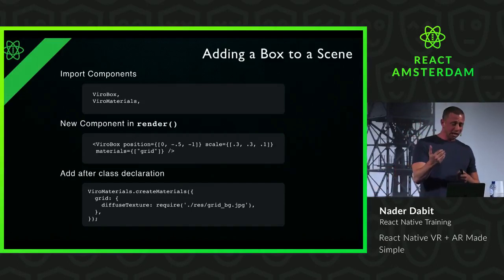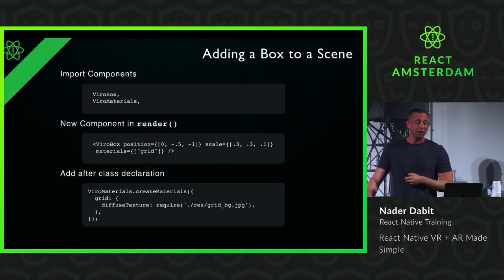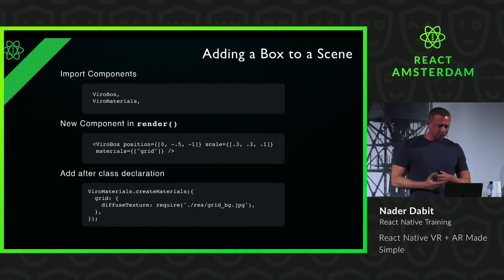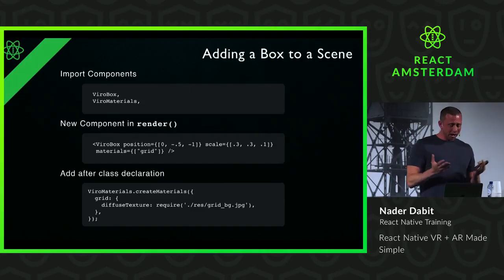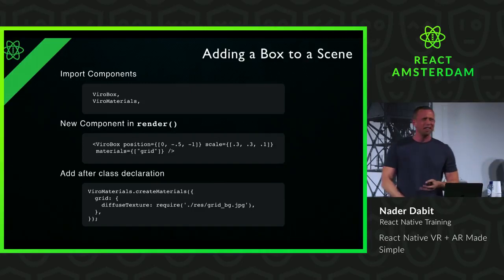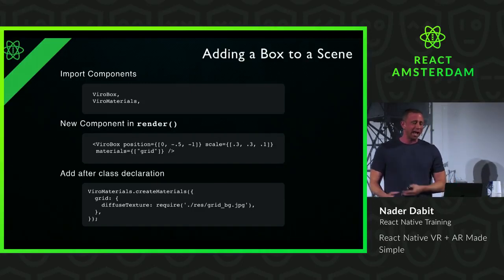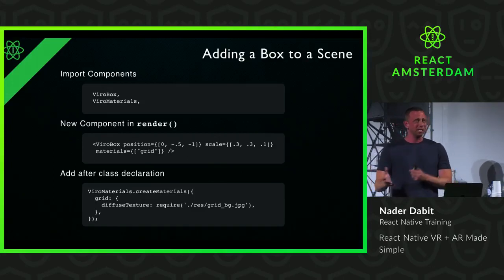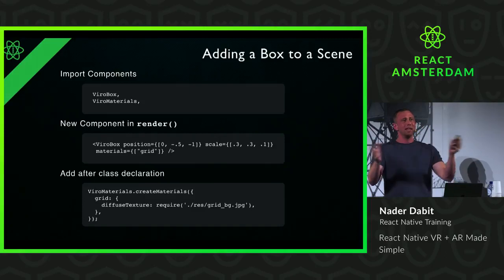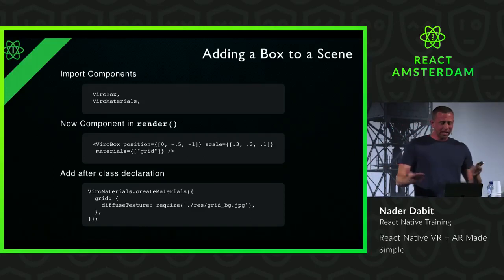After the class declaration, we call ViroMaterials.createMaterials, and we're giving it a property of grid, and then a diffuse texture. There are about a dozen different properties you can add to your texture. Here, we're just giving it an image, so we want to wrap this box in an image on every single side. That's all that's really doing.